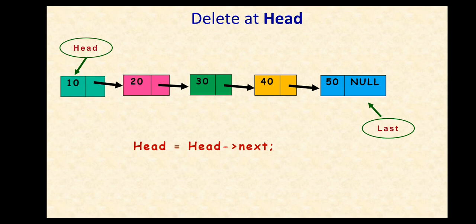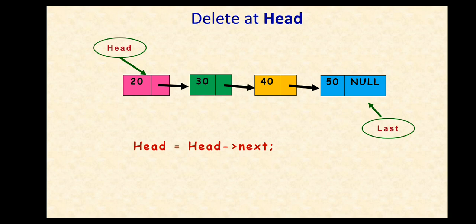Whenever head points to the second node, the first node is logically deleted, because the list traversal starts from the head node only. So here the head node is the second node, and the first node is deleted. This is the logic for deleting the head node, only a single line of code.